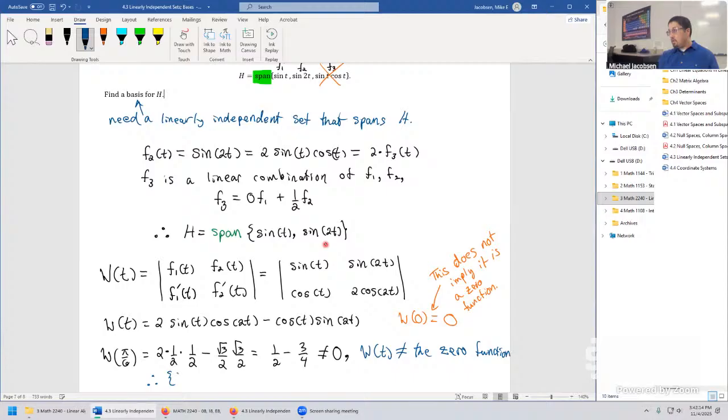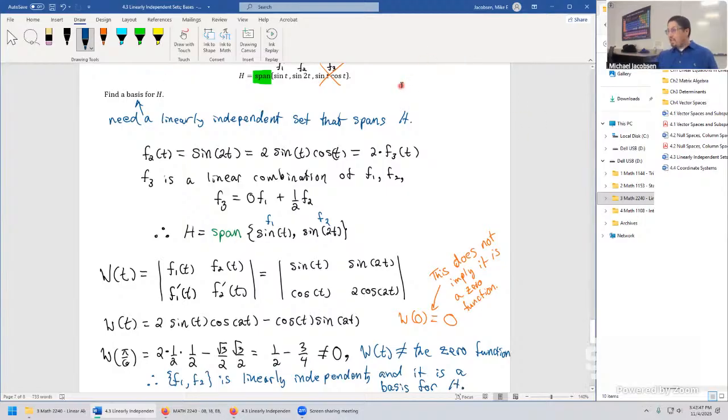Therefore, f1, f2, the original functions here, which we called f1, f2, f3 before deleting f3, is linearly independent. And so we already knew it spans the set H. It's spanning again here after the deletion. It is a basis for H.